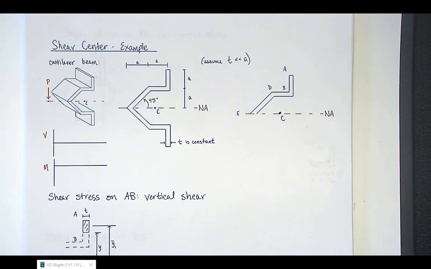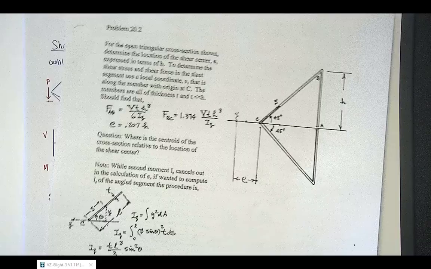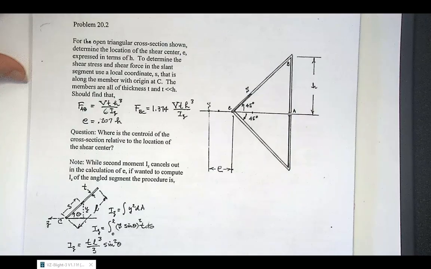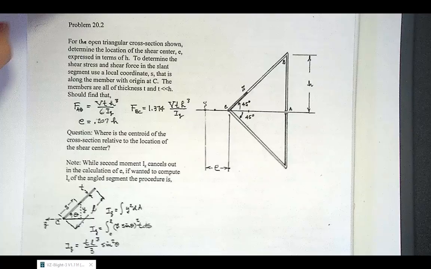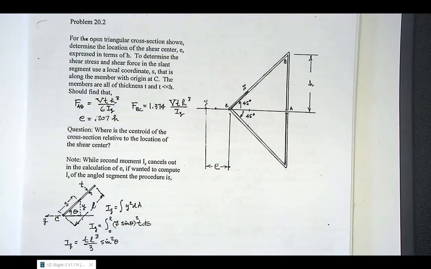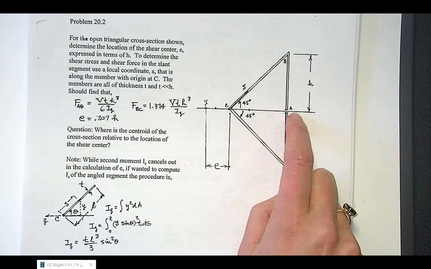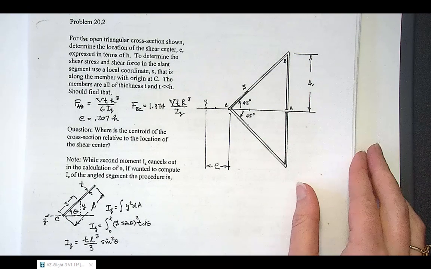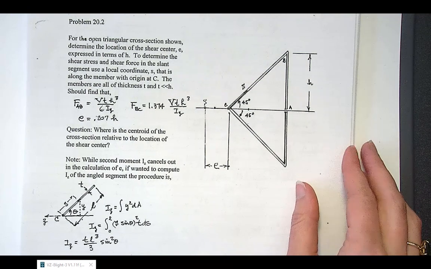And then the other problem that I would wait until after viewing the example that I'm going to record, due to the inclined elements, just this open triangular section. So there's a slit at A, which means we treat it as a thin open section.